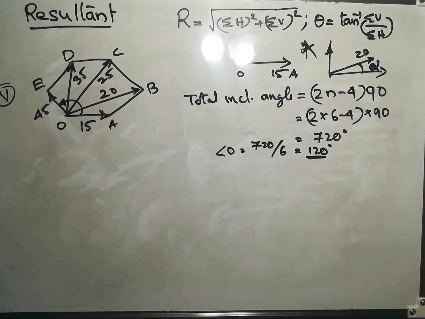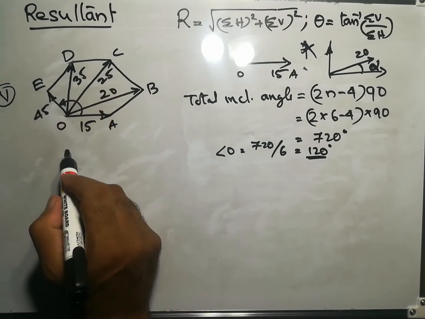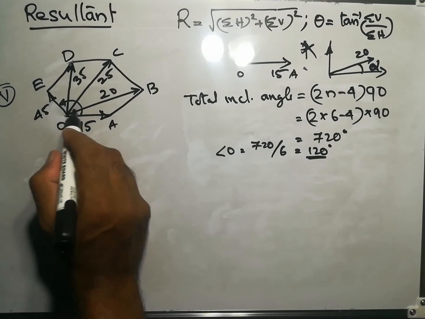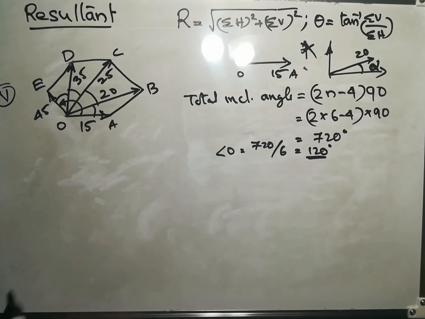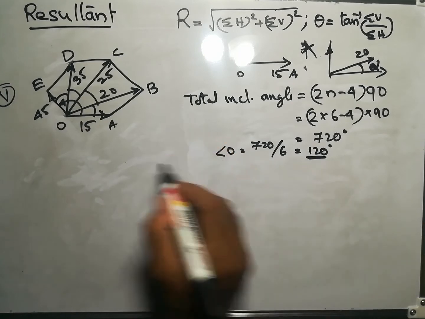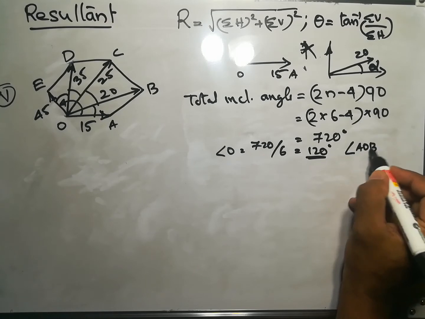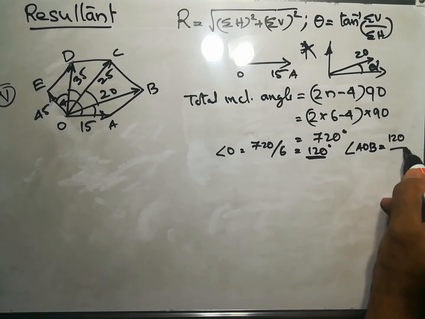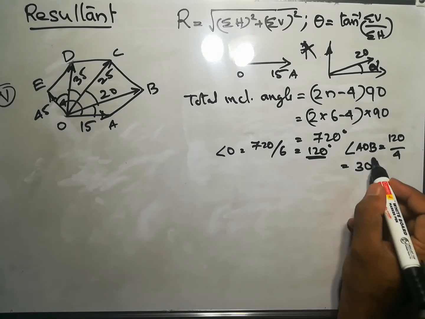We need this angle O. Another condition is that the forces are acting along OB, OC, OD and OE, so the included angle between these forces will also be the same. The total angle is 120, and there are 4 angles, so each angle, for example angle AOB, will be equal to 120 by 4, which is 30 degrees.